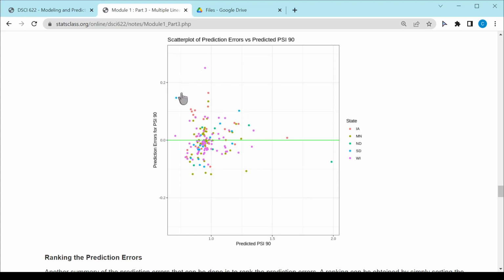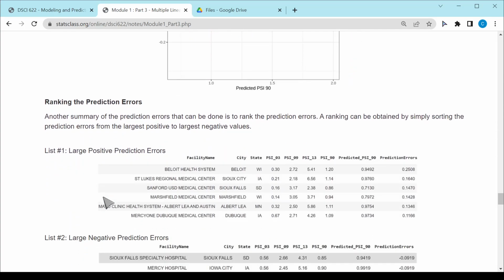We would say that there would be bias in those predictions. But that's not the case here. The colors seem to be pretty dispersed vertically in this plot, which suggests that the predictions are equally good for the most part across the states. I don't have any biases in these predictions for one state over the other.